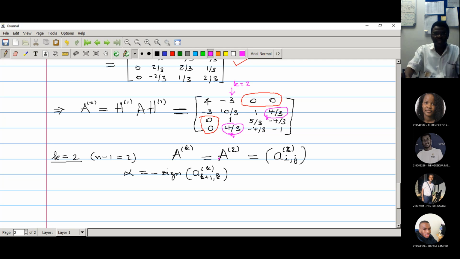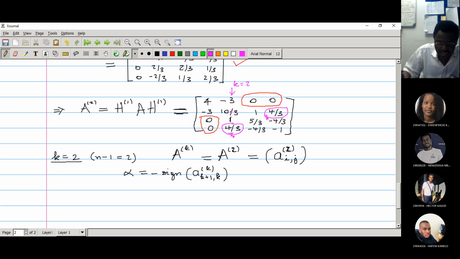Now, the entry, that is the row, is K plus 1. That is the third row. Because remember, we always move below the main diagonal. Because this is the main diagonal, we fix the element below the main diagonal.